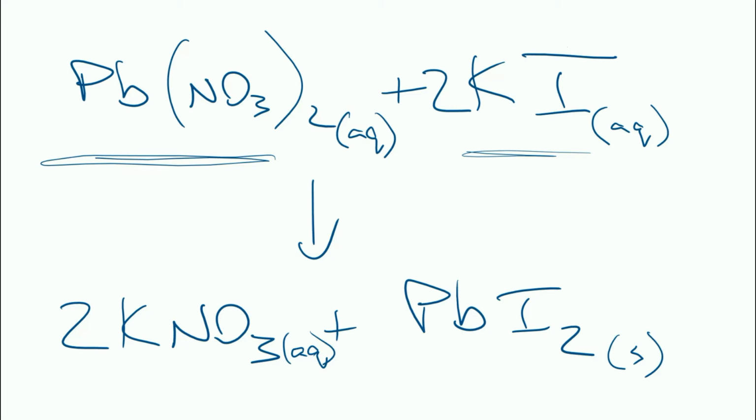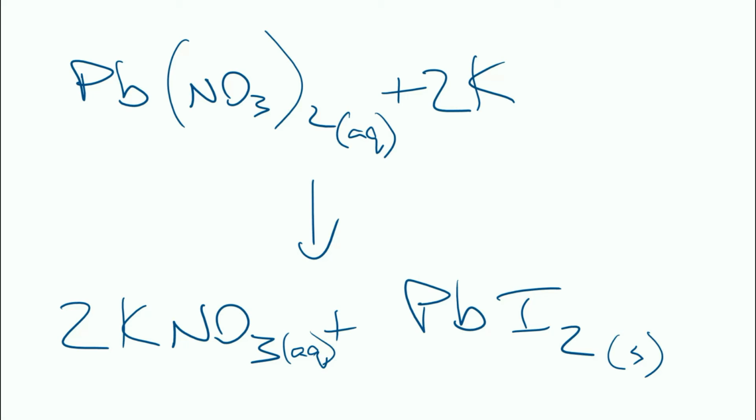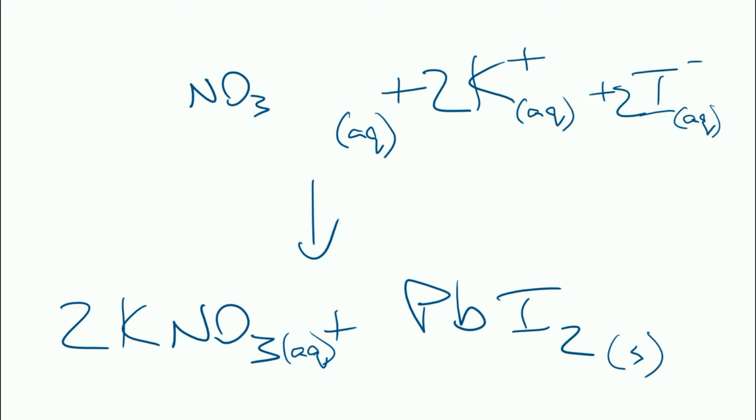What we actually have by making the aqueous solutions is, let's just edit this equation now. What we actually have are potassium ions in the aqueous solution. We also have some iodide ions. We've got 2 of those as well in aqueous solution. We had 2 nitrates in aqueous solution, and we had some lead-2 ions in aqueous solution.